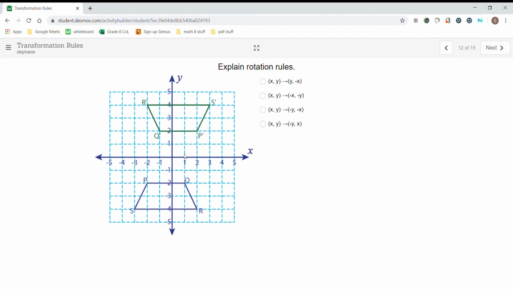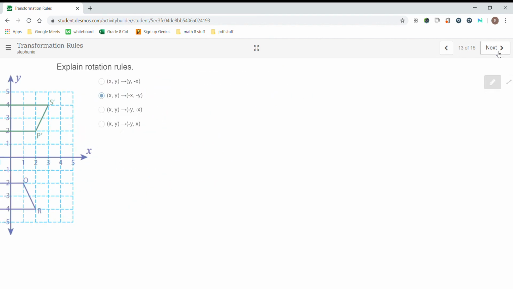Now if I look at R prime, it is negative 2, positive 4. So what happened with this one? My X and Y stayed in the same position, because I had 2, negative 4, and now I have negative 2, positive 4. All that happened is I changed signs for both of them because it's a 180-degree turn. So I'm going to have negative X, negative Y because they changed signs.